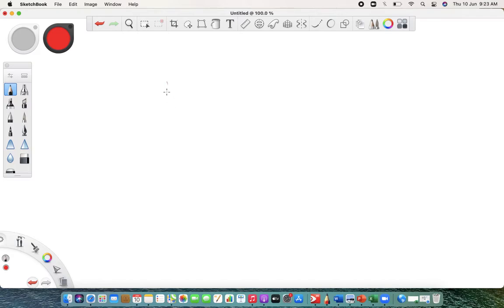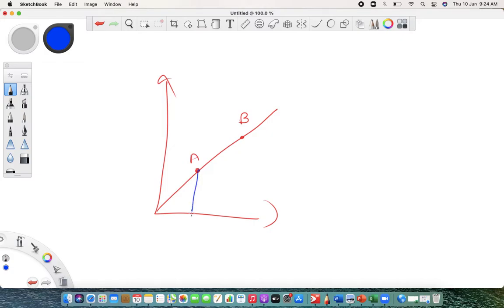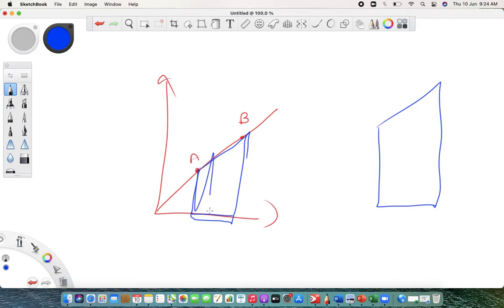Now in this graph, let's say your journey starts from A to B. So this is your shaded region. As you must have learned area in mathematics, if we talk about this much area, it can be the shape of a trapezium.